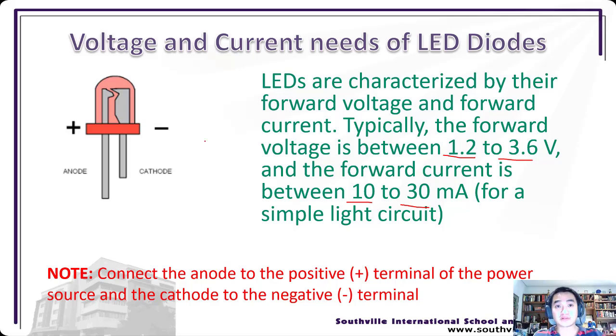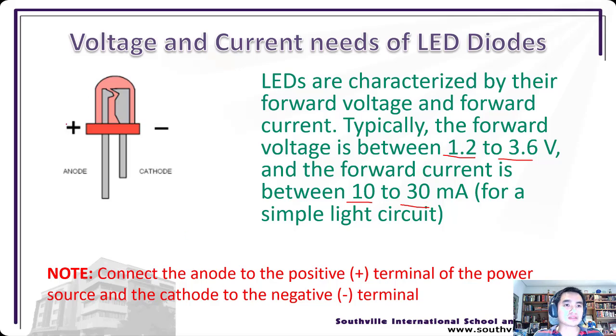So this is our first electrical component, an LED. This is how much voltage it can handle, 1.2 to 3.6. This is how much current it can handle, 10 to 30 milliamperes.